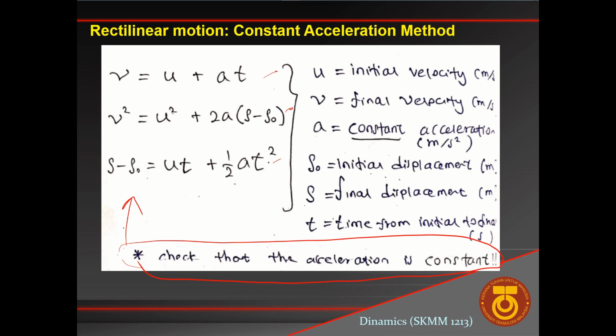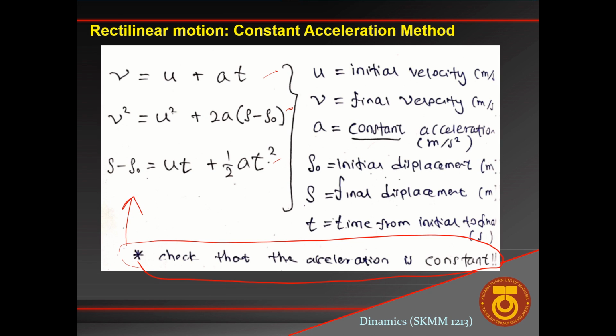Normally we will analyze this problem segment by segment, because the acceleration is constant segment by segment. Maybe from point A to B it is constant and positive, then it will be 0, and then negative. So with one acceleration at a time, we will analyze one by one.